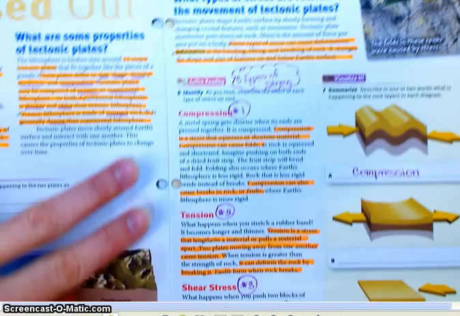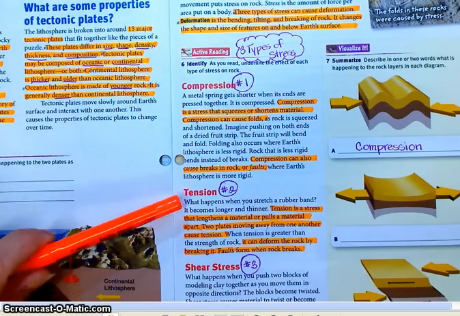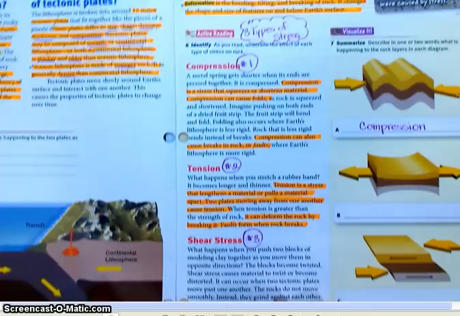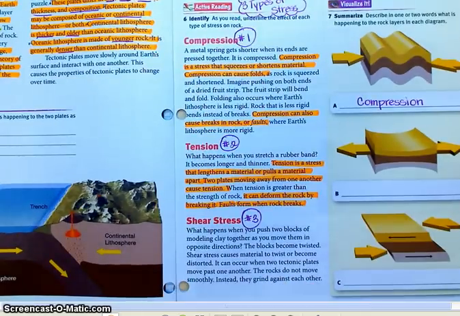Okay, so three types of stress: compression, tension, and shear stress. What happens when you push two blocks of modeling clay together as you move them in opposite directions? The blocks become more twisted. Shear stress causes material to twist or become distorted. It can occur when two tectonic plates move past one another.